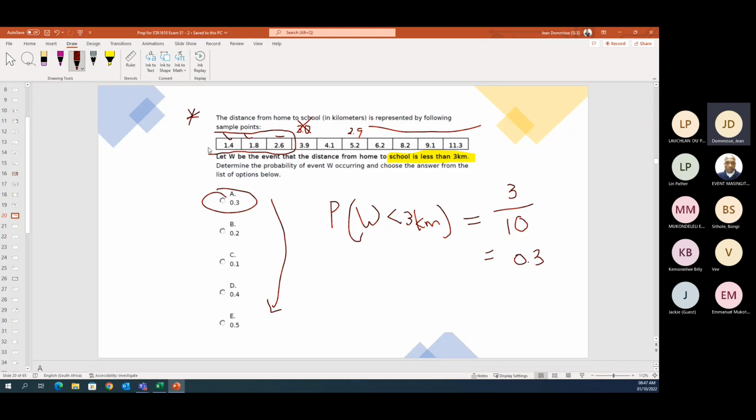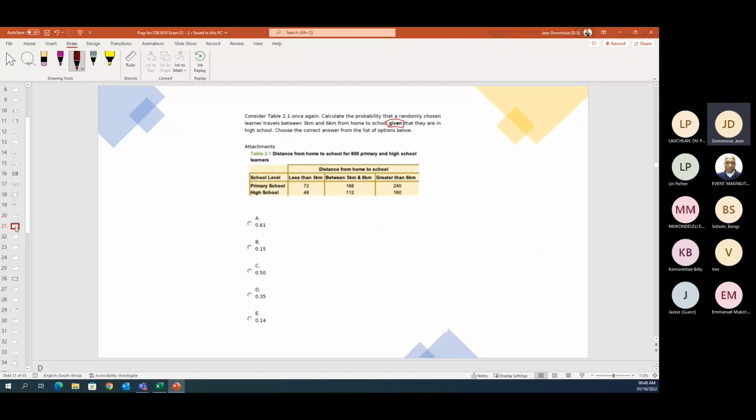There might be a number in here that is also less than 3. In the exam you don't have a lot of time, so you quickly say, okay, there's a 3 that's less than, we got it, we go on. Just be careful in the exam, please.